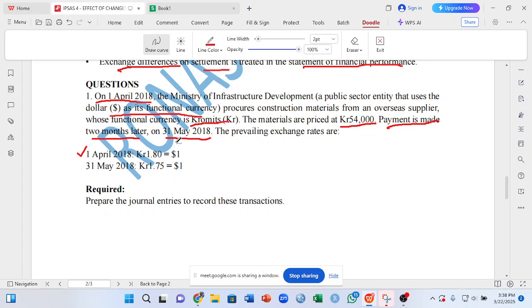Reason being that if the exchange rate has changed, the amount of functional currency we need to pay the equivalent foreign currency may be more or less. So we need to look for the foreign currency with the current exchange rate. We are going to do another translation.